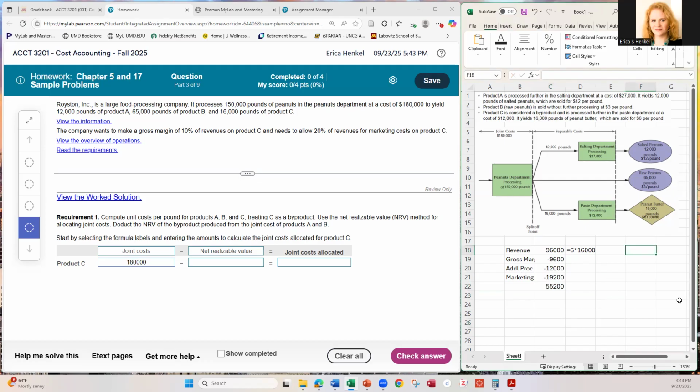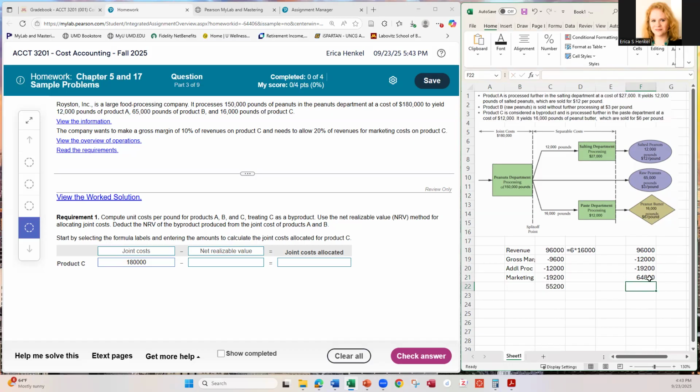You could take the 96,000 in revenue minus 12,000 minus 19,200, getting a net of $64,800.